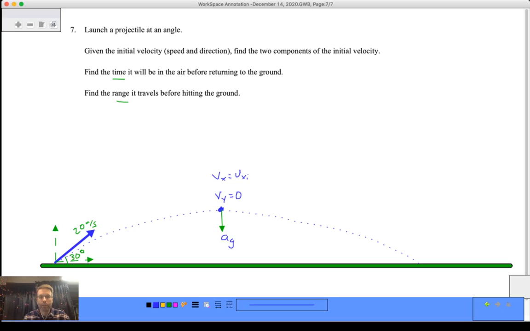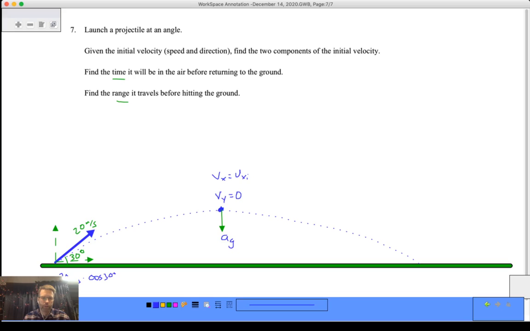So in other words, that horizontal velocity stays the same, and we can also decide how much time it takes to get to the top. Let's go ahead and find these parts. This is the adjacent side, so the initial horizontal velocity is 20 meters per second times the cosine of 30 degrees.